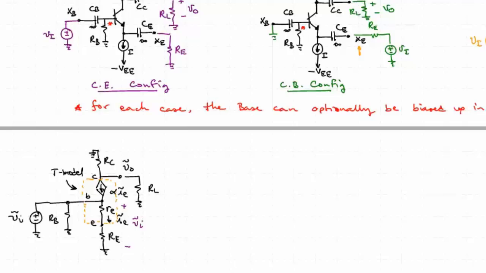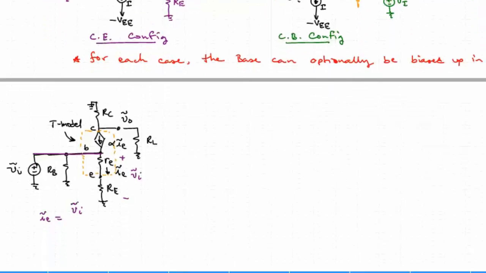So regardless of what's going on with the current source, because there's a straight connection from VI to the base, we are applying VI straight across little re plus big RE. As a result, we can write immediately IE is equal to VI divided by little re plus big RE.